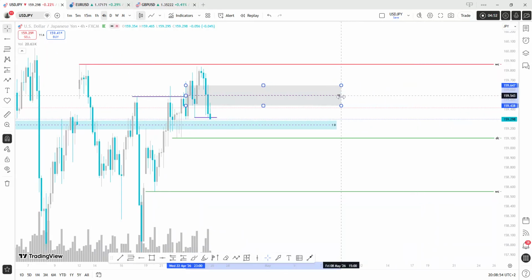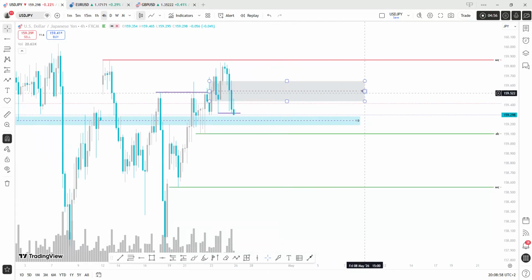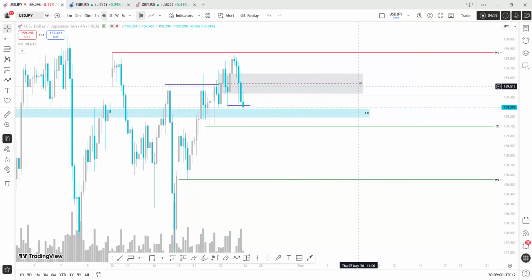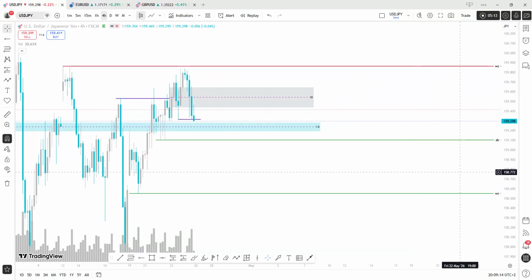But then I got this daily order block, and what I see right now is that inside this very short daily order block, a change of structure developed on 4 hour.